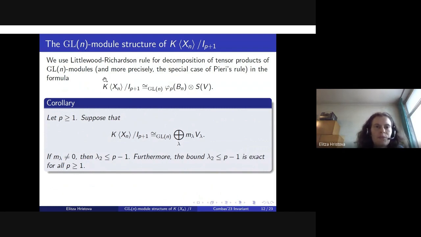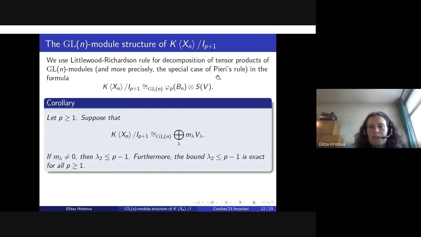And the general branching rule is the Littlewood-Richardson one, but in this case, we can use the special case of the Pieri branching rule because one of the components, the symmetric algebra of V, is not an arbitrary GL_n module.